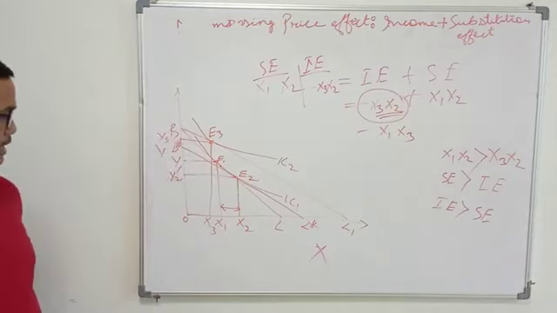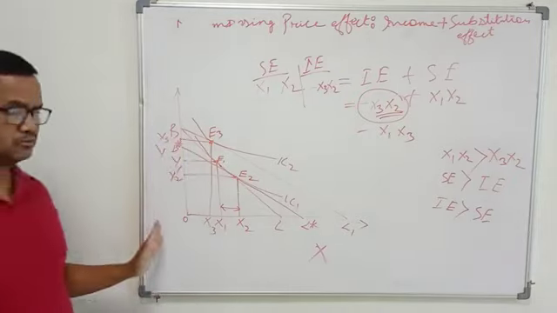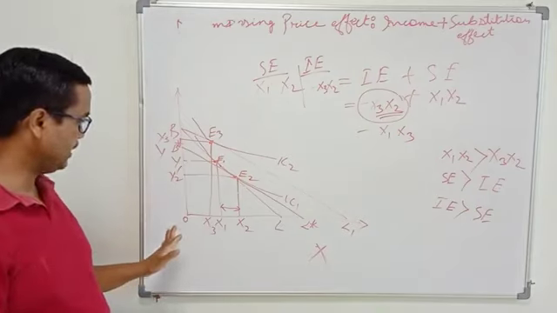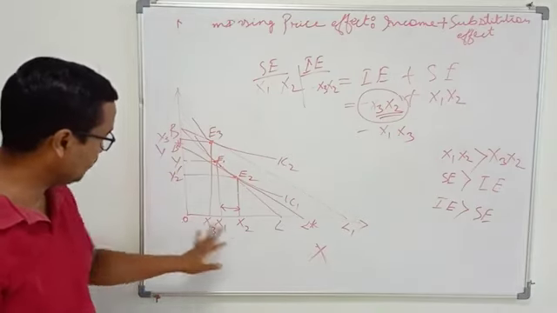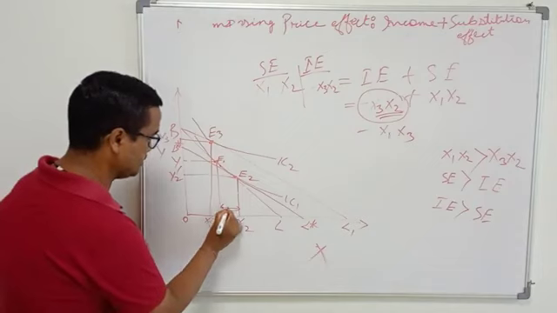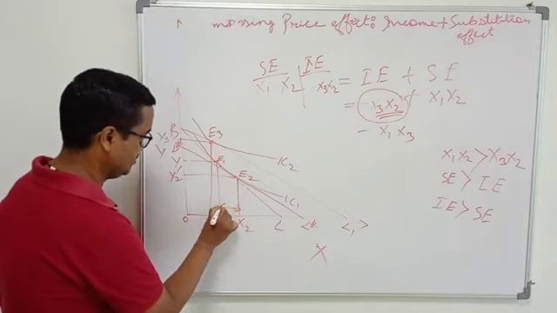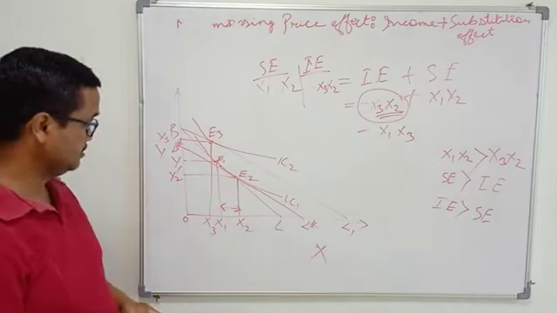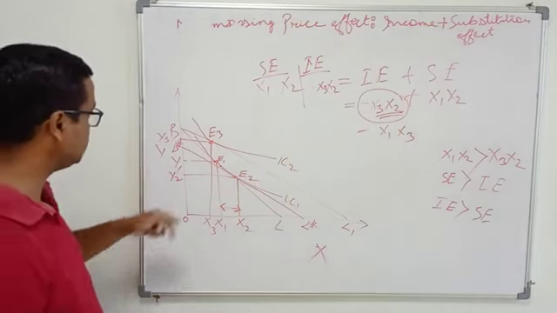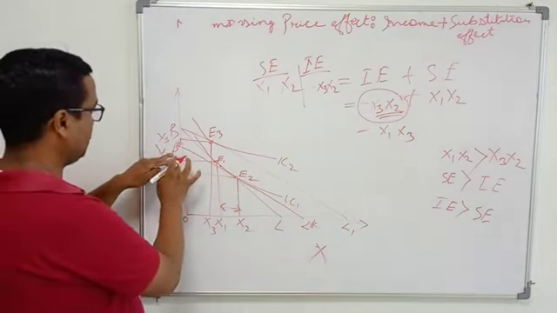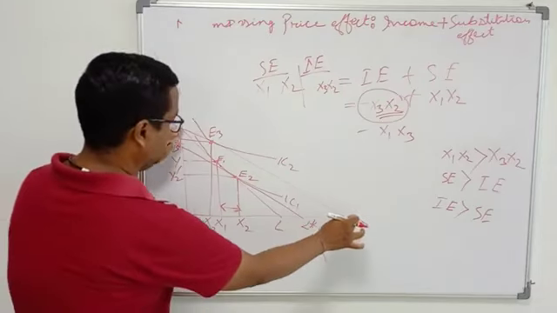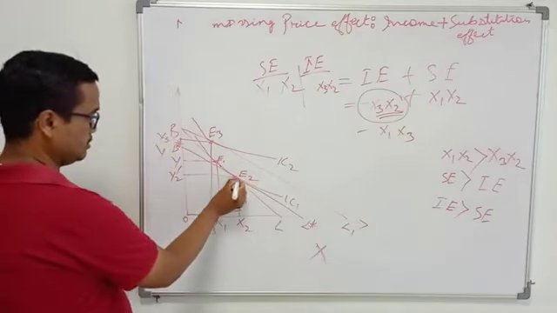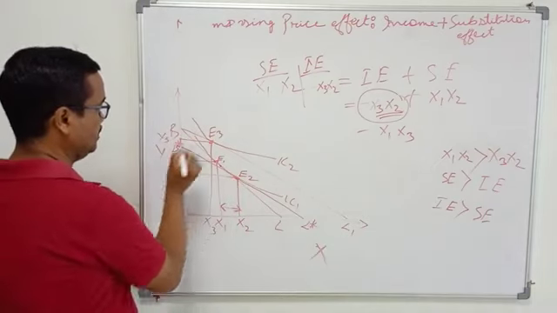Exactly due to the substitution effect, consumption of X has increased from OX1 to OX2. So this much consumption has increased; this is the substitution effect. But once income is increased, represented by the shifting of the budget line from B star L star to BL1, the consumer is moving from point E2 to E3.